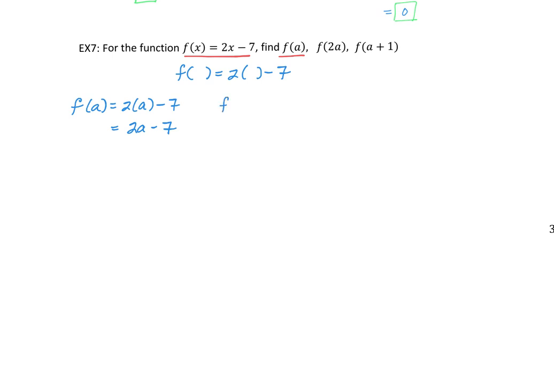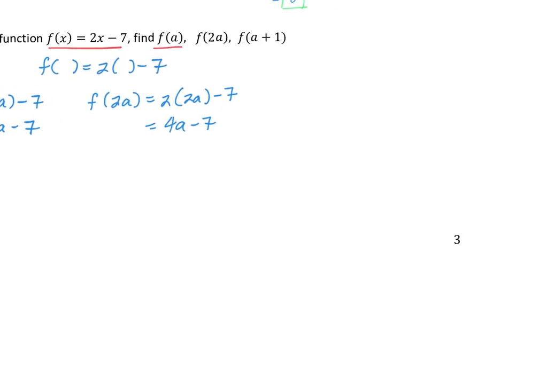But f of 2a is equal to 2 times 2a minus 7, which is 4a minus 7. So you do have to write things in the simplest form.